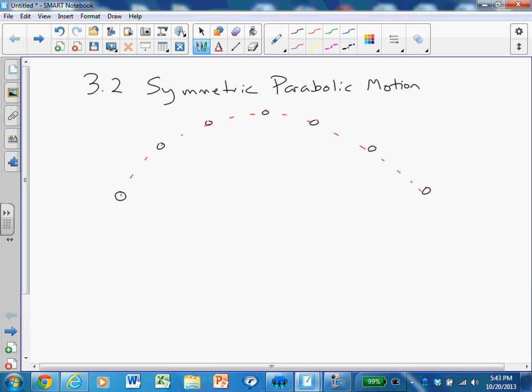That means the delta t going up is the same as the delta t going down, as is the delta s the same going up, and the delta s is the same going down.